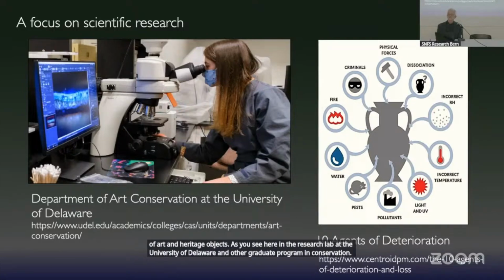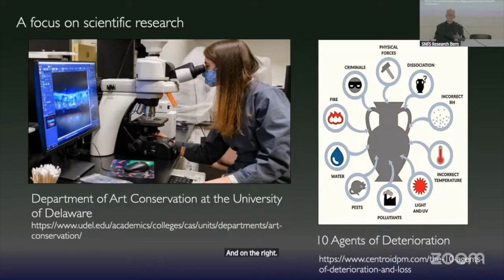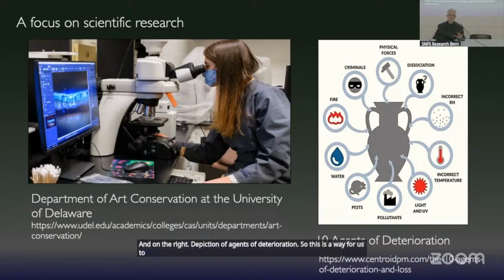And on the right, this depiction of agents of deterioration. This is a way for us to organize our thinking about how cultural heritage objects deteriorate, in the service of preventing this deterioration.